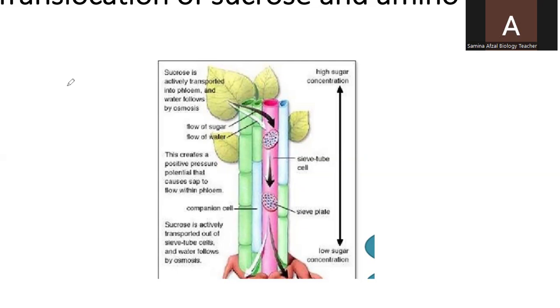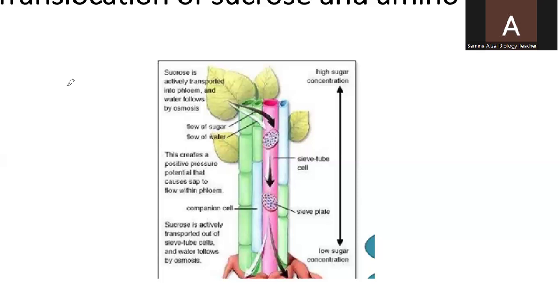This is called translocation. So translocation of sucrose and amino acids takes place. In leaves, they are in higher concentration, then they have to move towards the other parts. The movement of food, sucrose or amino acids, takes place through the phloem vessels.